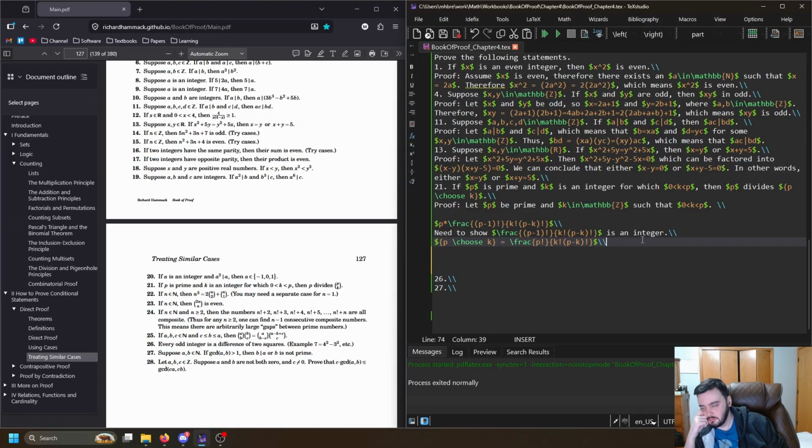K factorial, P minus K factorial. There must be some way to manipulate this. I just don't know how to implement the P being prime.